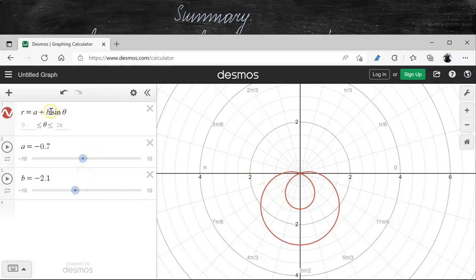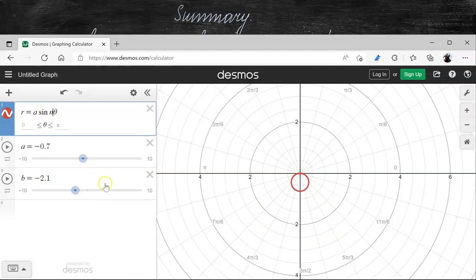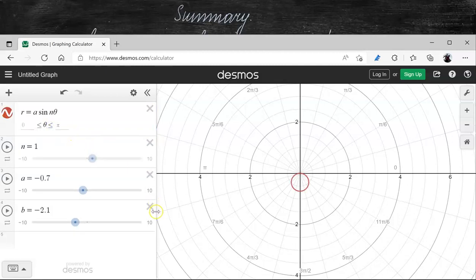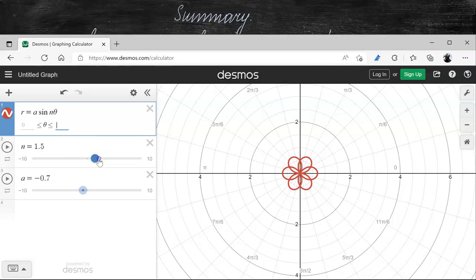Now for roses, it's going to be something like this. Here the n corresponds to the number of petals. When it's a fraction, when it's a rational number, you may get some crazy picture.